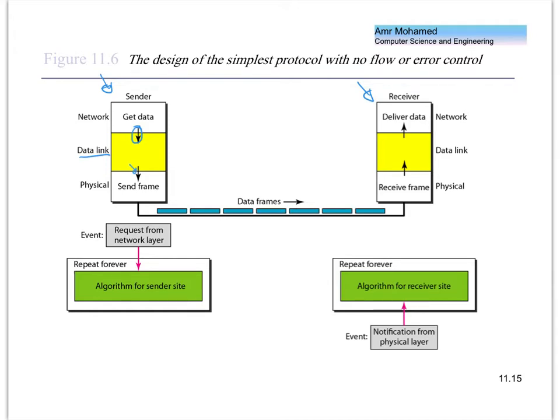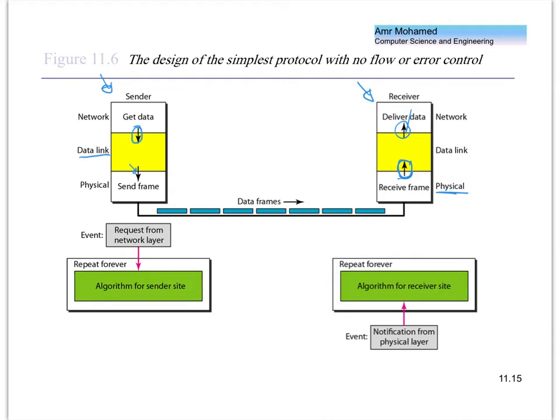At the receiver side, again, we have an event, because the receiver side is acting as a listener. So here we have an event that will tell us that we have something arriving at the physical layer. The physical layer will give you the frame, and then you have to extract the data from the frame and send it up to the network layer.